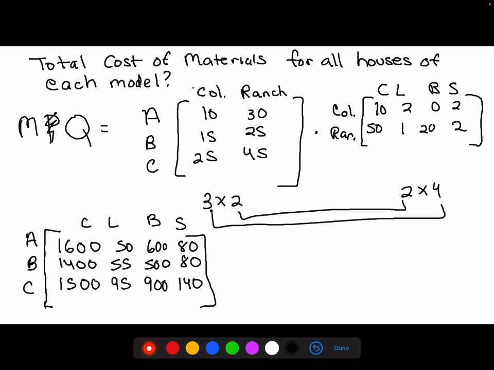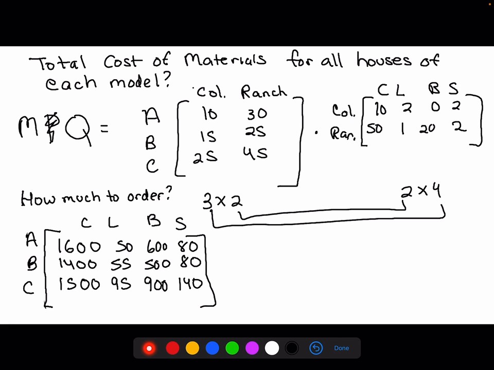Okay, so then the next step wants to know how much of each of the 4 kinds of material must be ordered. Oh, sorry.